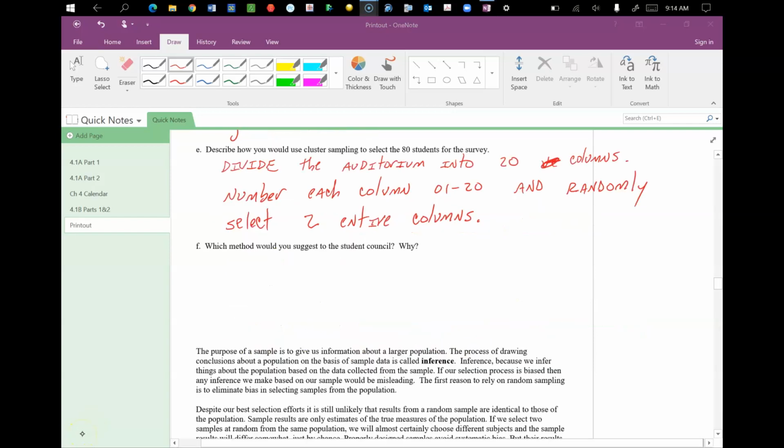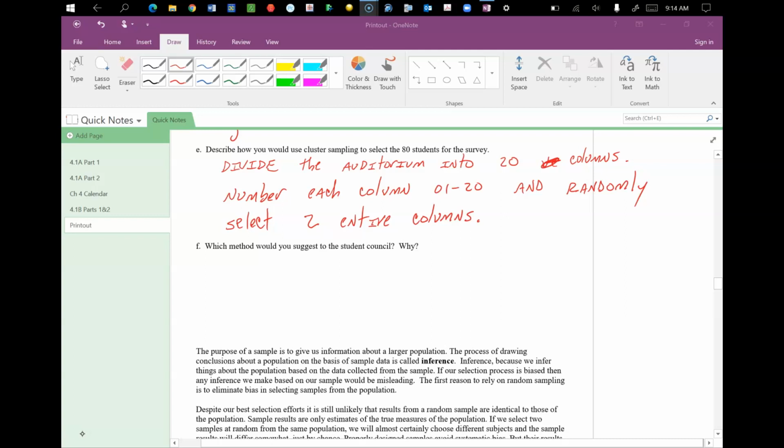Okay, so this last question really requires you to think about what you want to accomplish here. Which method would you suggest to the student council and why? While the simple random sample method and the stratified random sampling method and the cluster sampling method and probably even a systematic random sampling would all work fine, the question is which one is going to be the best?